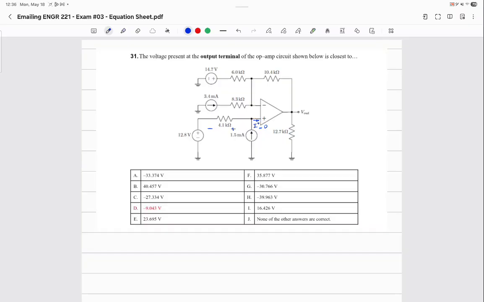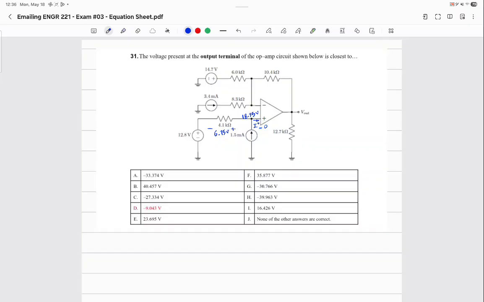I positive is always 0. The current going into the op amp is 0, right? 6.15 volts. Now, the negative terminal is connected to 12.8, right? So what is the positive terminal? You should add them together, which is 18.95. So here is 18.95 volts, right?